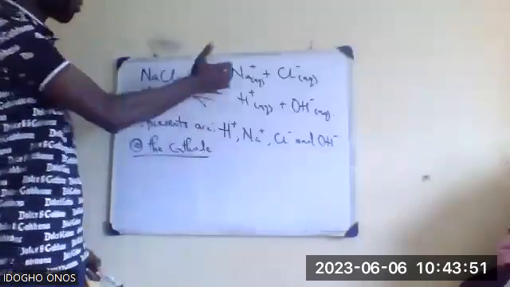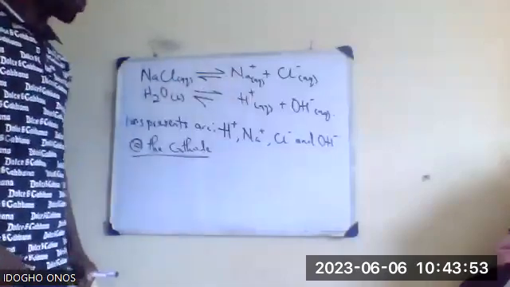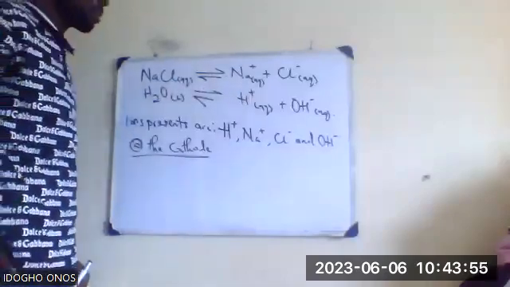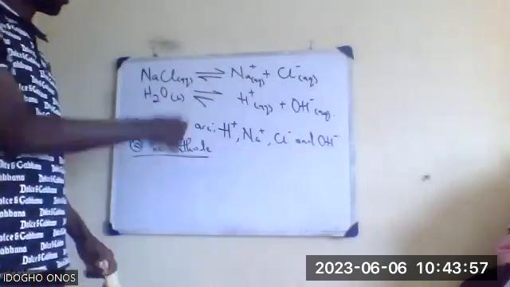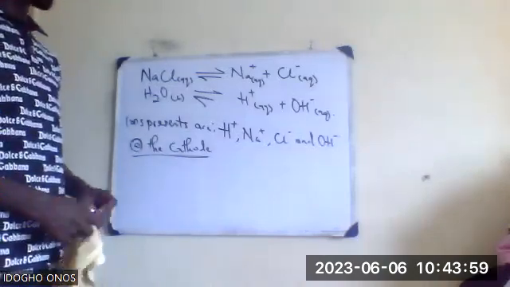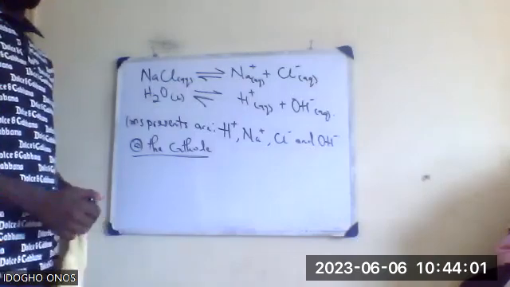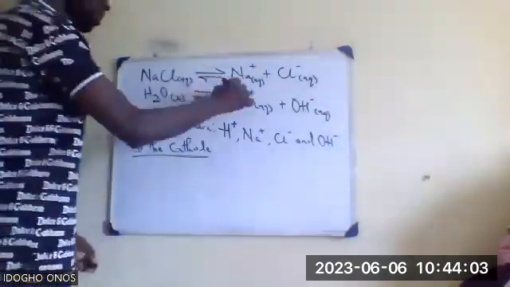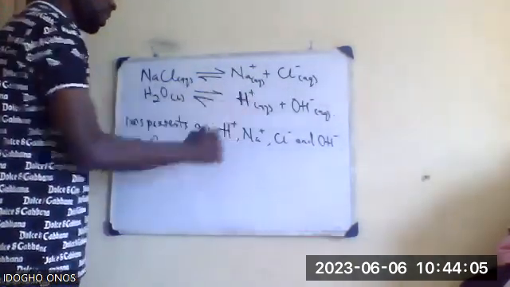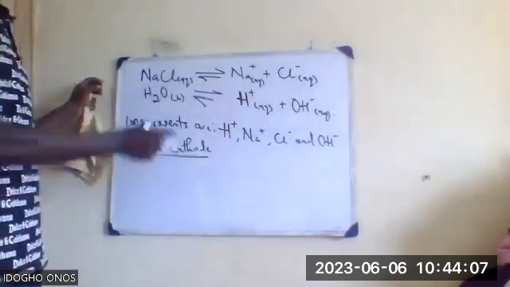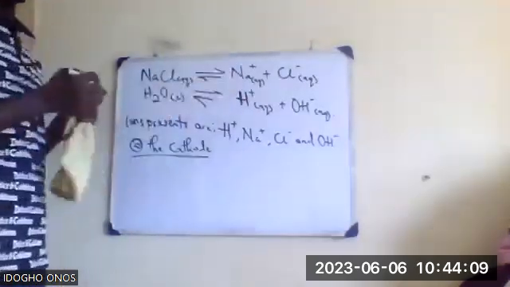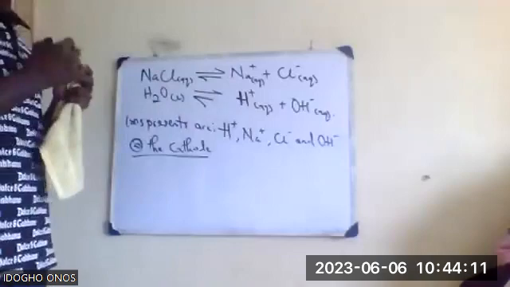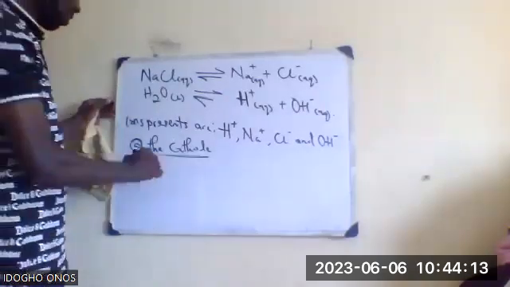At the cathode, we have sodium ion and hydrogen ion. Which of them do you think will be preferentially discharged? Is it sodium or hydrogen ion? Hydrogen ion. Okay. Hydrogen ion will be preferentially discharged, even though the concentration of sodium ion is higher, because of the distance between them in the electrochemical series.